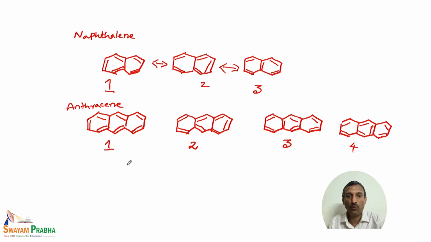And when we move to phenanthrene, let us draw the structure without the double bonds first.